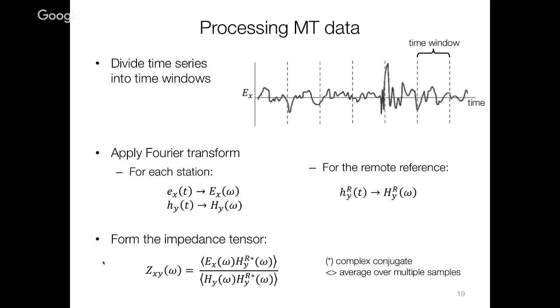So a less biased estimate is if we take an H from this remote reference, take its complex conjugate, multiply that in, and do the same on the top and the bottom. And now we're going to average that.